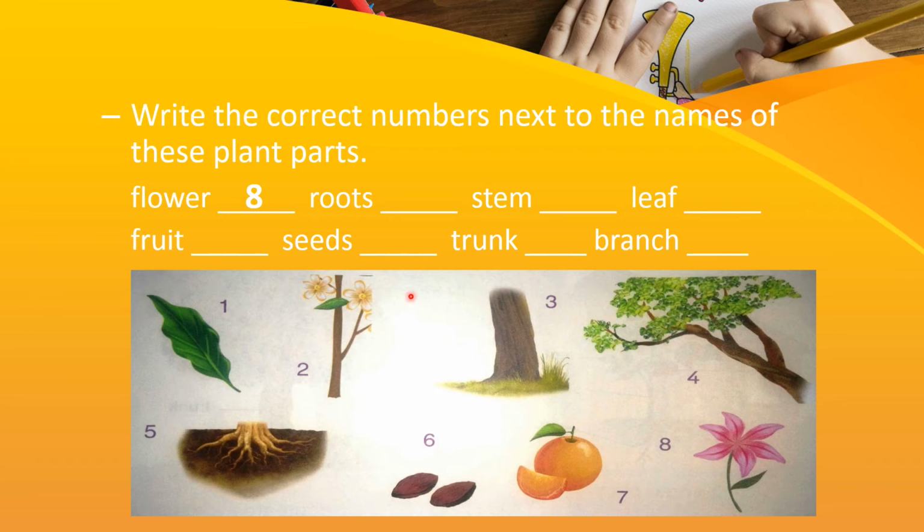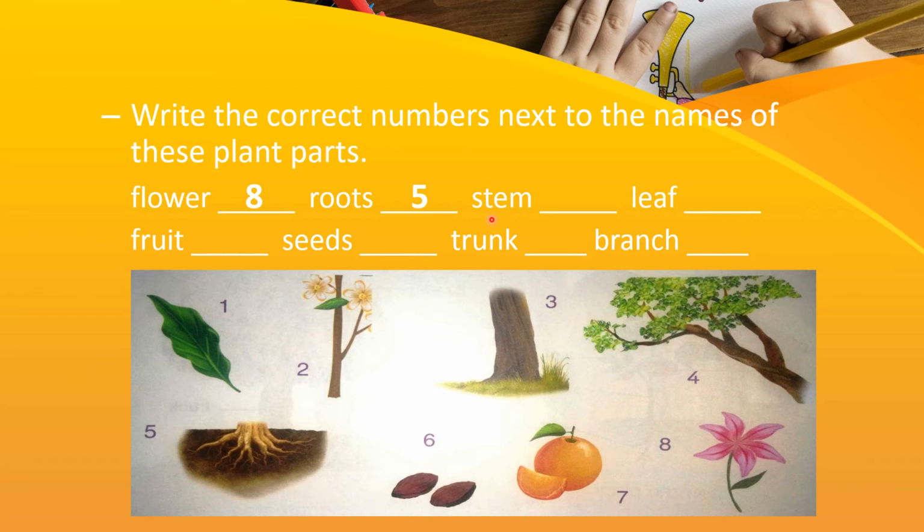The next word is roots. These are roots and the number of roots is 5. So we will write 5 in front of roots. The next word is stem.